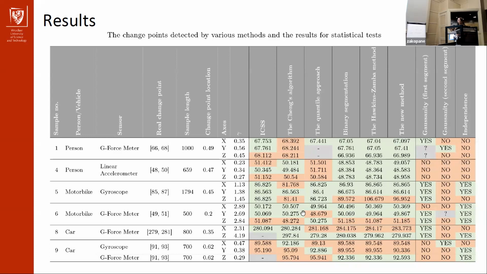If a point is given in a green box, it means that this point is in the real change point period given here. If it is orange, it means that it is not in this period. And the gray boxes are connected with the situation when the algorithms reject the change point. The last part is connected with assumptions, and we have information on whether we have Gaussianity in the first segment, in the second segment, and if the data are independent or not.